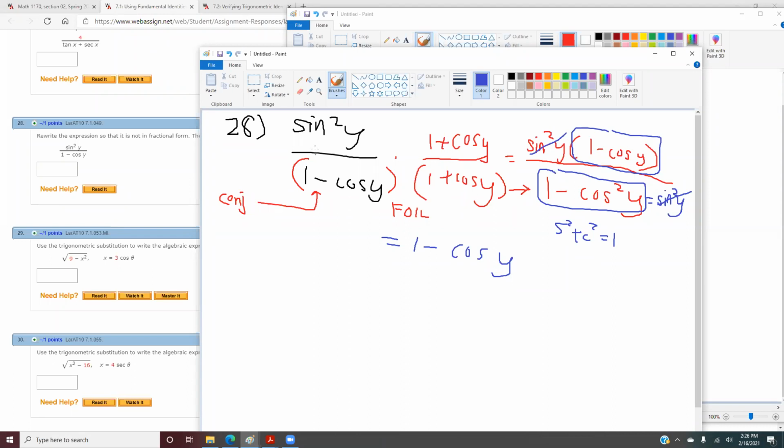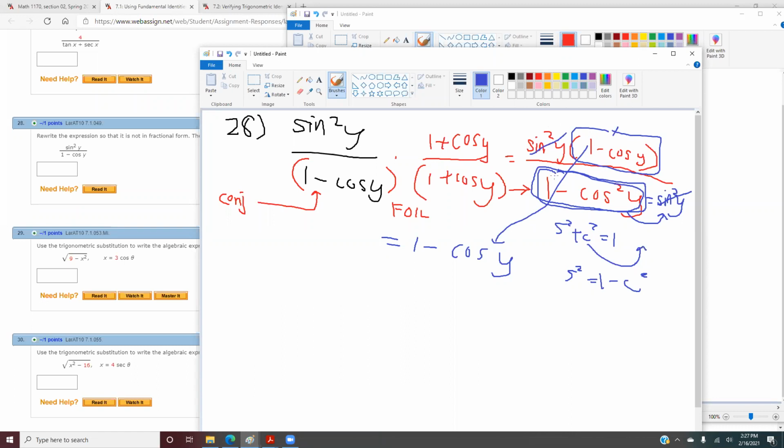If you move your cosine squared over here, 1 minus cosine squared is sine squared. So this whole thing is sine squared y, and the top one also has sine squared y. You can cancel that. That's why the answer is 1 minus cosine y.